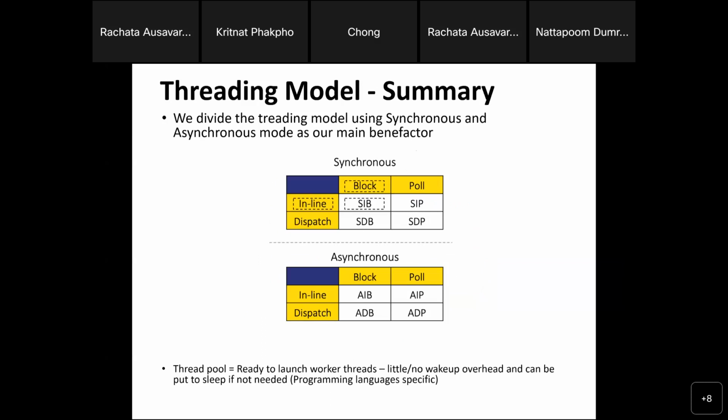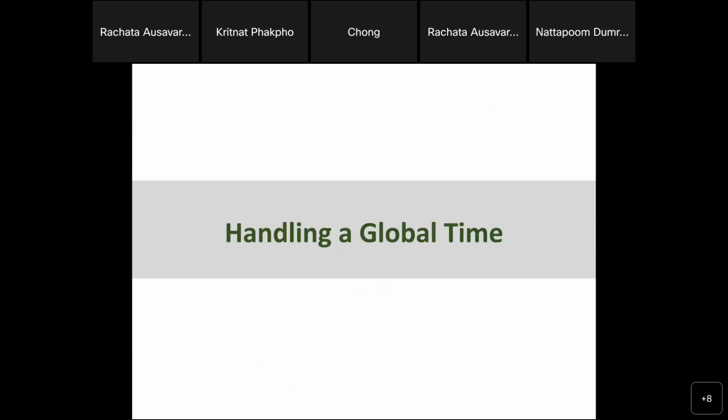Poll based, again, worker thread; block based, single thread. I finish one thing, I finish one thing. Then you can do synchronous or asynchronous. Then you can do inline versus dispatch. Inline versus dispatch is, do you buffer the task? All right, so that's about microservice.